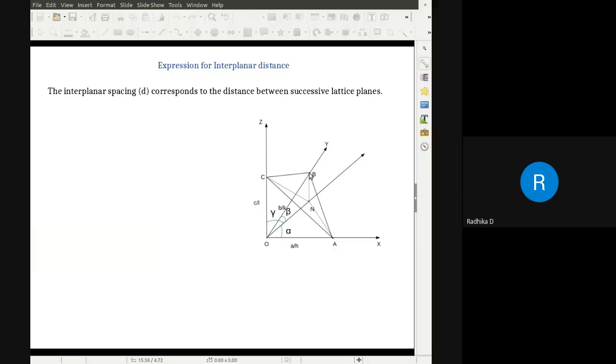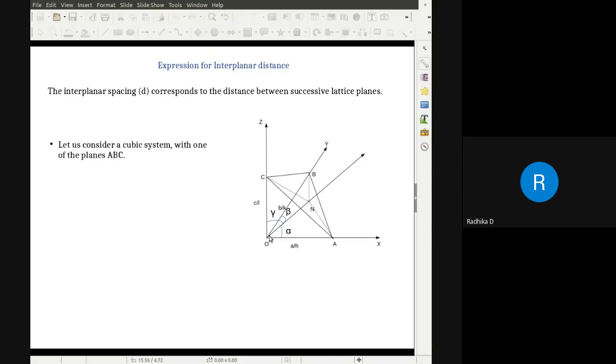Now, from origin to x-axis, I consider a point A. From origin to y-axis, a point B. From origin to z-axis, a point C. I connect these points A, B, C, so I get a triangle like this. This is the plane ABC. Take 3 points on each of the directions and connect them, and you will get the plane ABC.